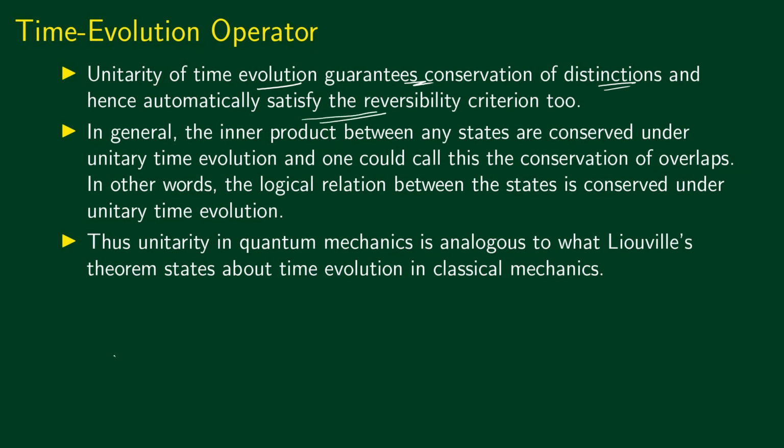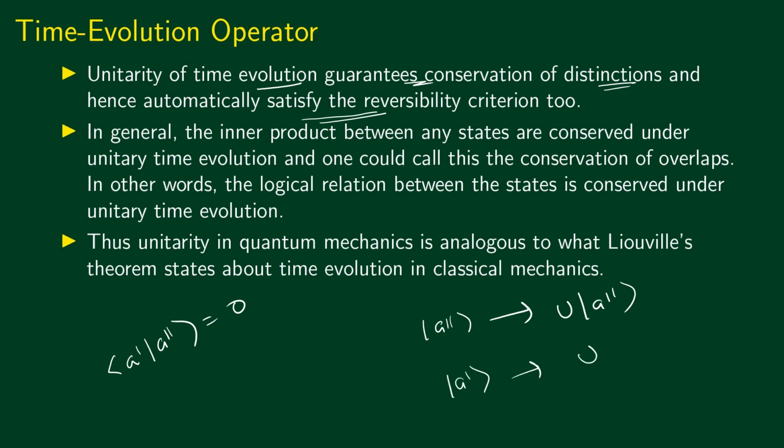Why? Because if you have two states which are initially orthogonal, then ket A double prime will go to U acting on ket A double prime, and bra A prime will go to bra A prime U dagger.